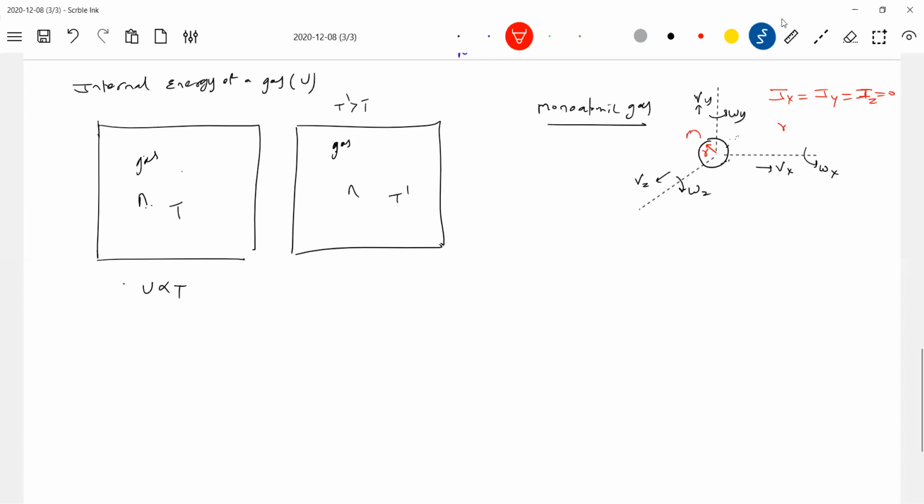Because the radius is very small. What is the moment of inertia? 2 by 5 m r square. Since r is very small, the moment of inertia is negligible. I'll write it all rather than telling it like a story. So what is Ix? 2 by 5 m r square. Since r is very small, therefore it is negligible.